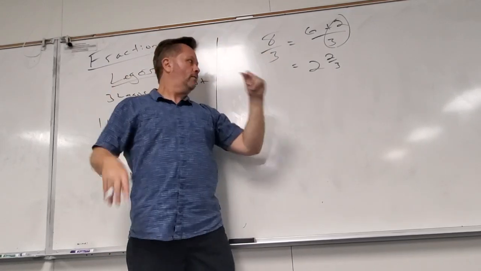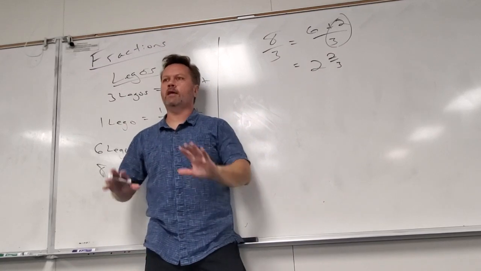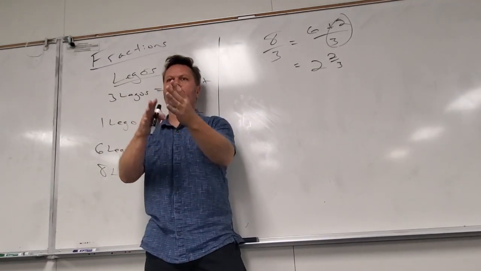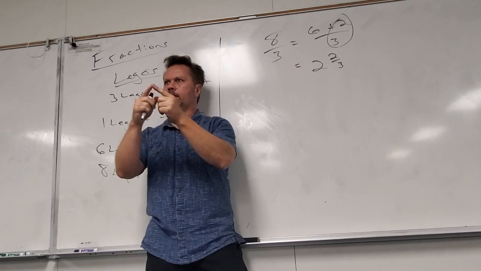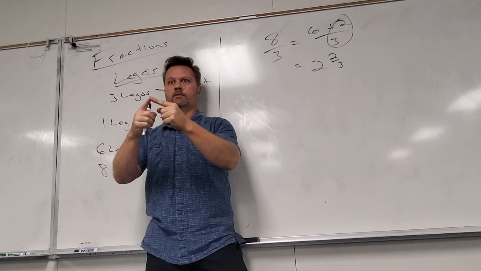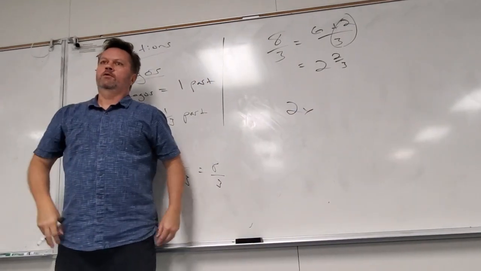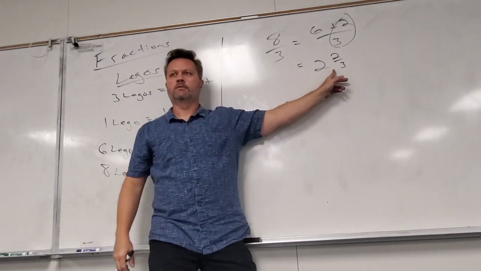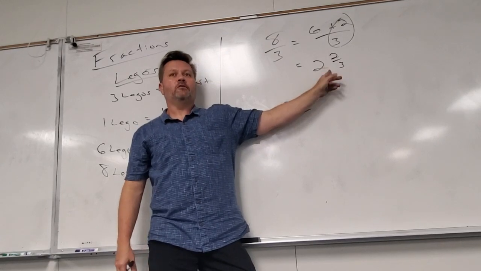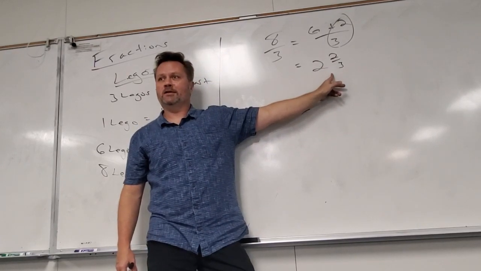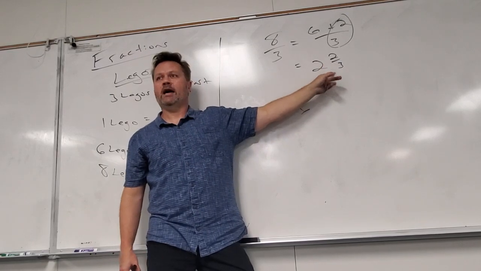Okay, now I want to say something about this. In algebra, when I have 2x, what operation is understood to be happening between the 2 and the x? If I have 2x, they're multiplying. What does this mean? Adding. This is one of the most unfortunate decisions in all of math history, to write a mixed number like this. How else would you write it?